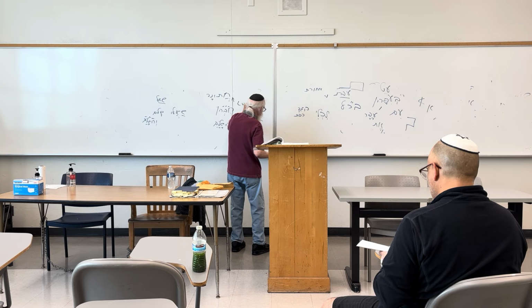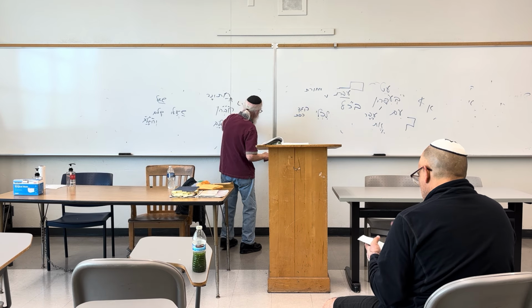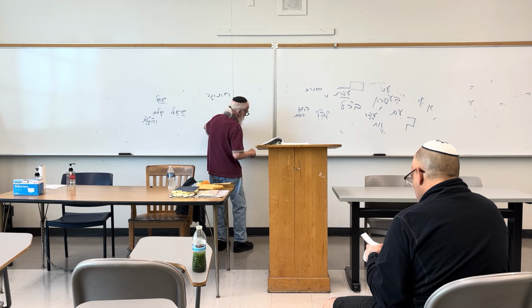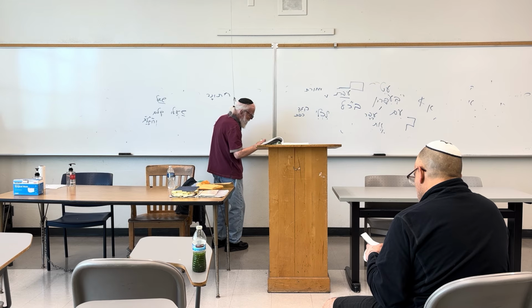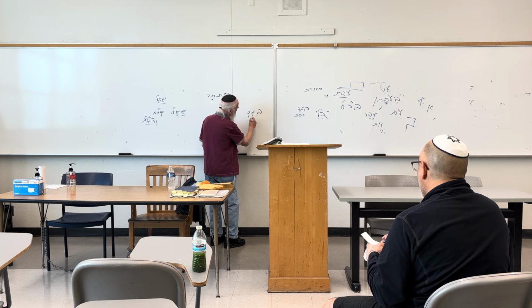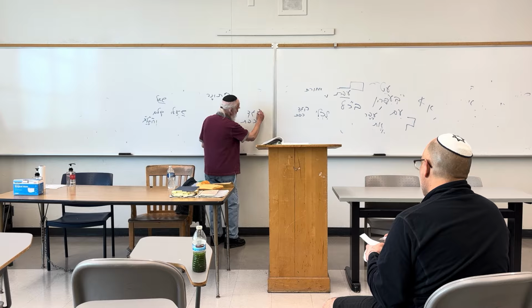There are 6 letters known as the Bega Kefat letters, which take a dagesh kal if they begin a word, or if they follow a consonant in the middle of a word. Same thing as saying following a shva. The bet, the gimel, the dalet, the kaf, the pei, and the tav. She mentions here only the bet, the kaf, the pei. She does not mention the gimel, the dalet, and the tav.